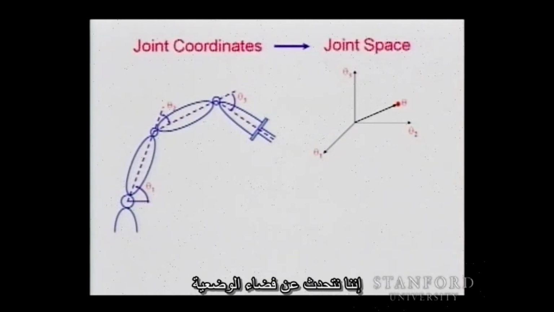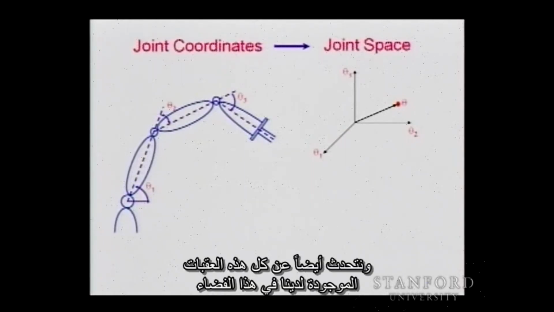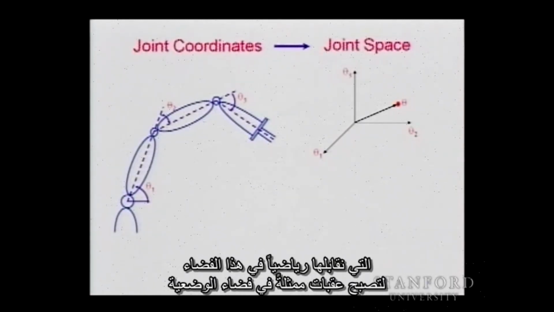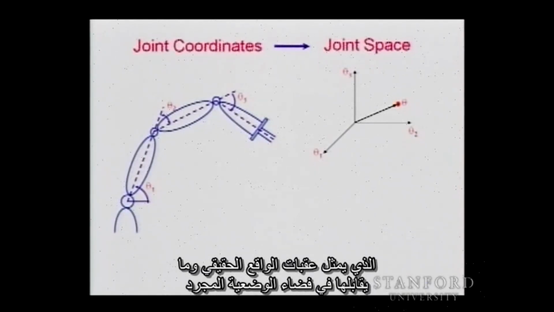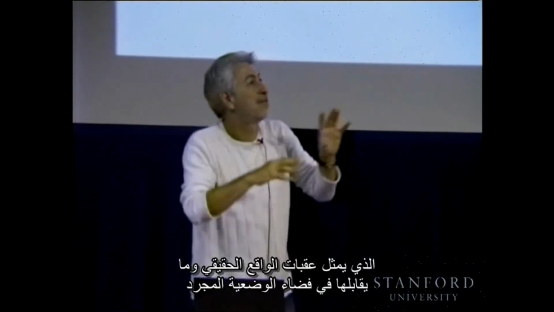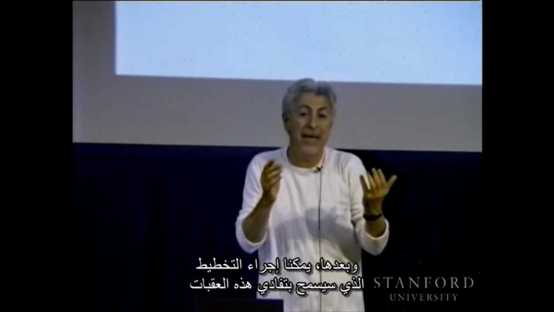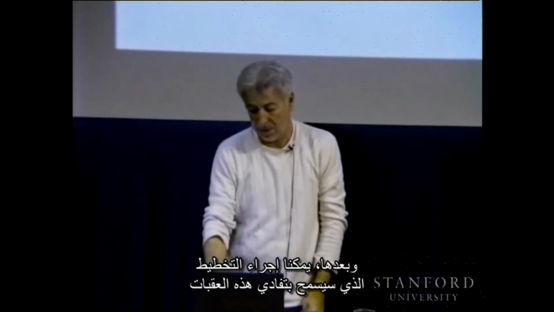We talk about planning motions in configuration space, so planning the motion of theta. And we also talk about all the obstacles in the physical space that we map to that space, that become configuration space obstacles or C obstacles, which represent how obstacles in the real world are mapped to that abstract configuration space. And then we can do the planning around those obstacles.